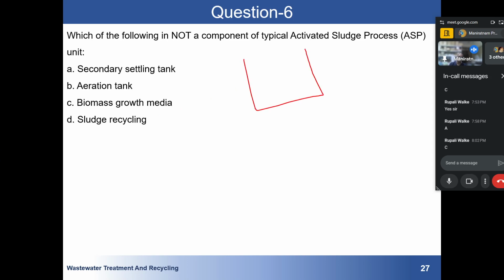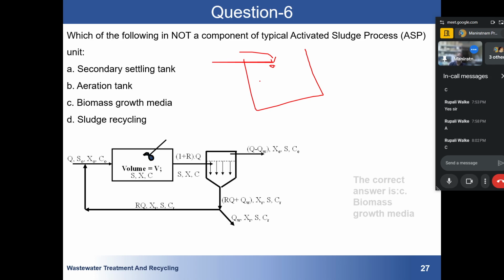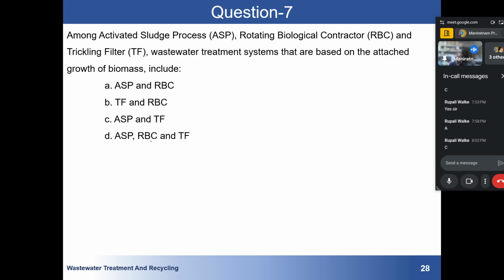In our system we have this biomass growth, na? Microbes are being introduced, organic matter is there, so there will be a growth of biomass. So this is our simple ASP which we have discussed.